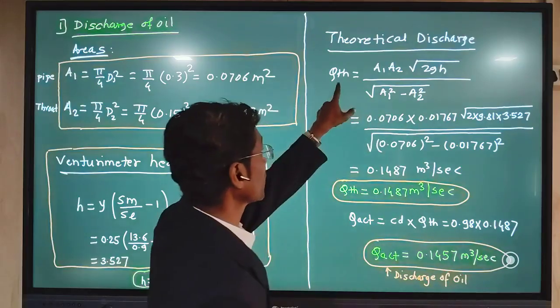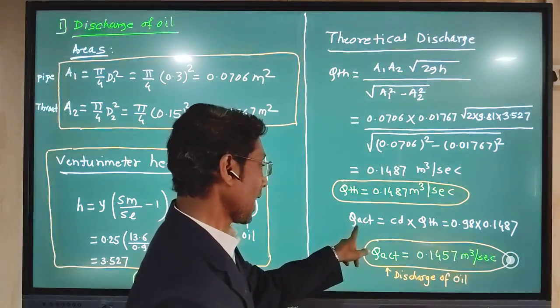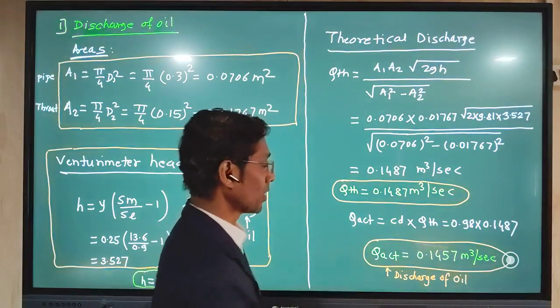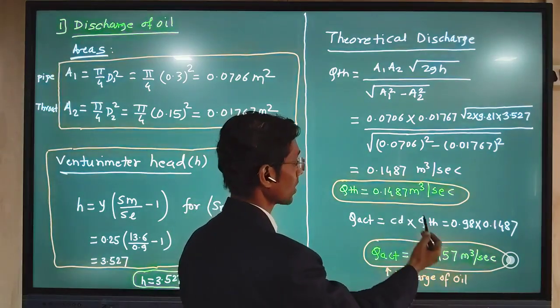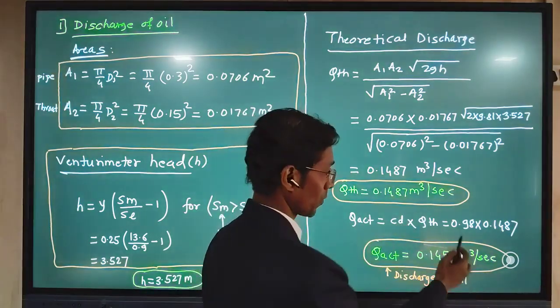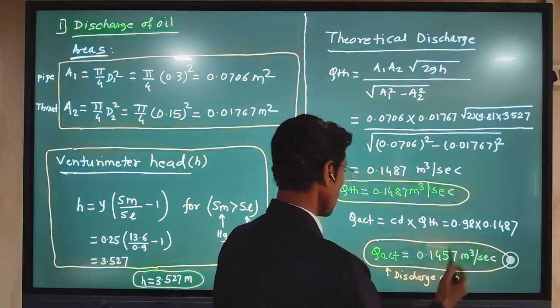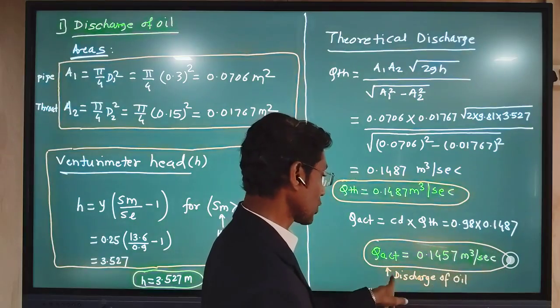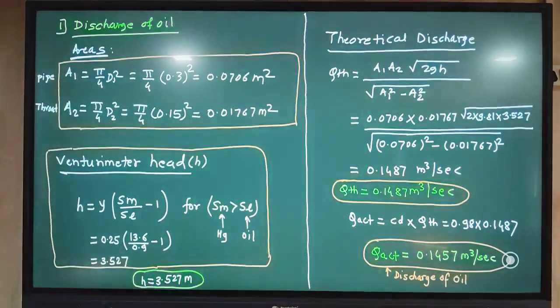Doing this calculation, we find the theoretical discharge in meter cube per second. The actual discharge is calculated using the relation: coefficient of discharge multiplied by theoretical discharge. The coefficient of discharge for the Venturimeter is given as 0.98, multiplied by the calculated value of theoretical discharge. So finally we find the actual discharge of the oil in meter cube per second.